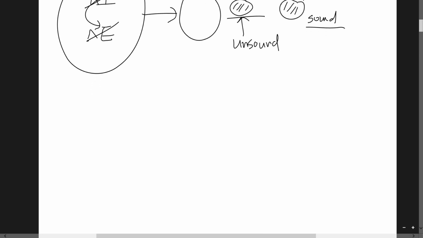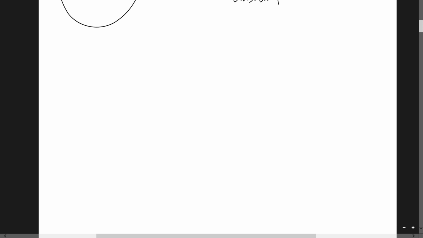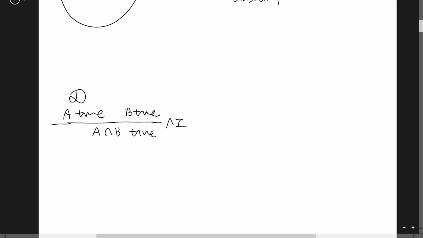So here's an example. Let's say we apply the conjunction introduction rule to deduce A conjunction B true. So we have A true here and B true here. And suppose that this conjunction introduction rule is followed by one of the corresponding elimination rules right away. Let's say conjunction elimination left. Then we have A true here.